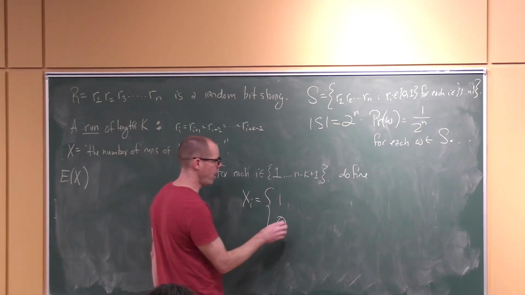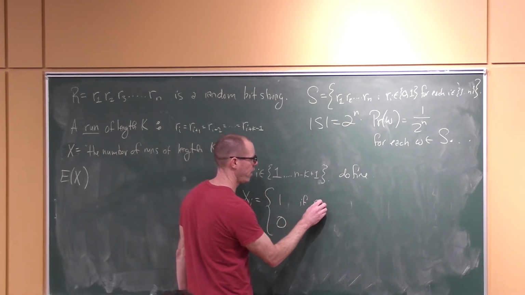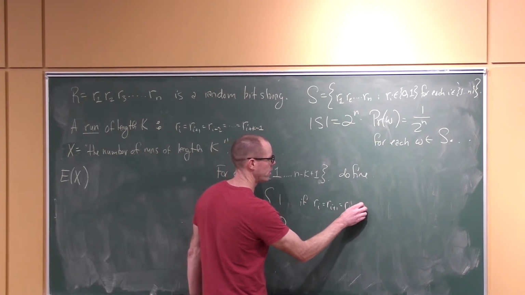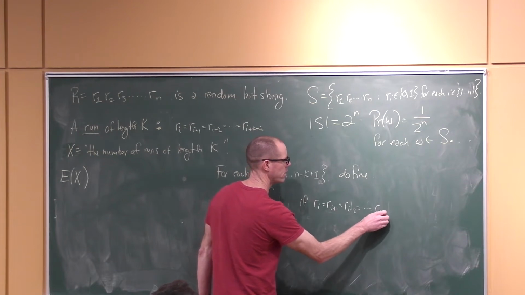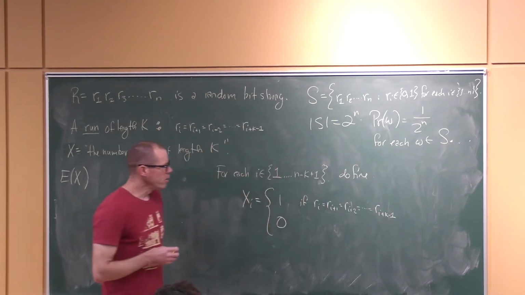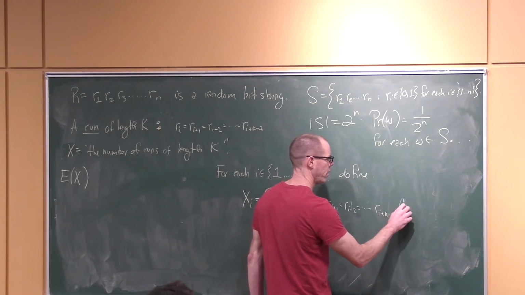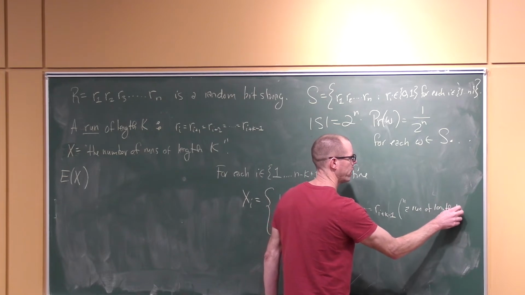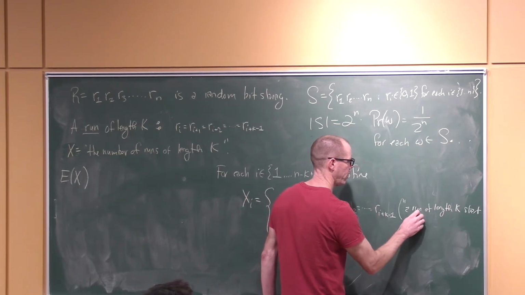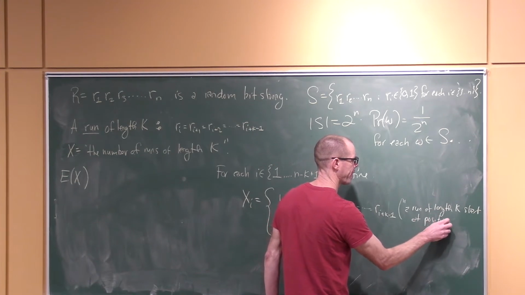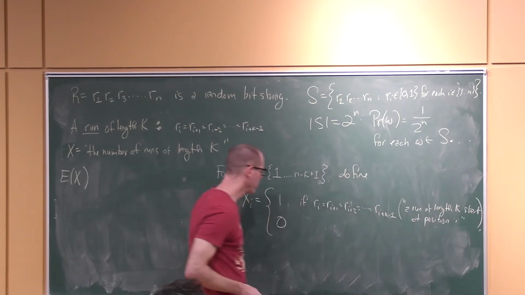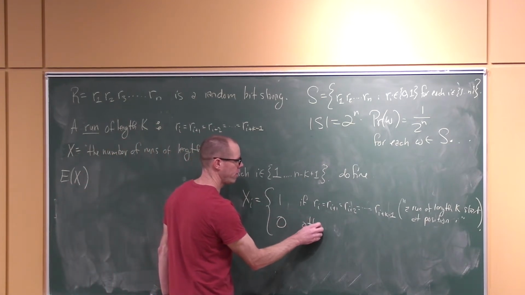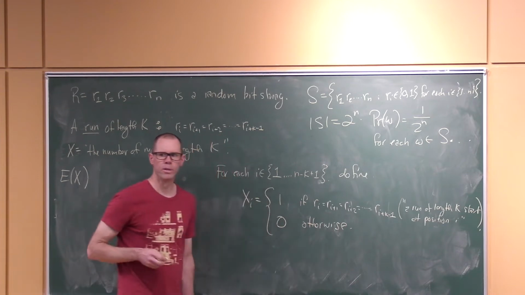It's equal to 1 if Ri equals Ri+1 equals Ri+2 and so on up to Ri+k-1. In words, that means a run of length k starts at position i. And if that's not the case, then the value of this is equal to 0.